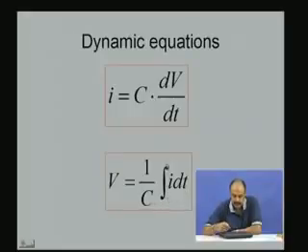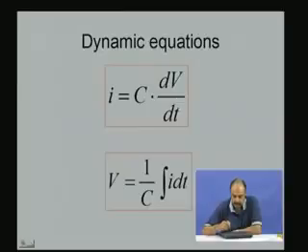Now, this integral implies that there can be history, there can be an initial condition. The initial condition as far as the capacitance is concerned will be a voltage value. Therefore, the capacitor remembers voltages, it can remember the immediate past value of the voltages, and voltage is the state value or the state variable for the capacitance.